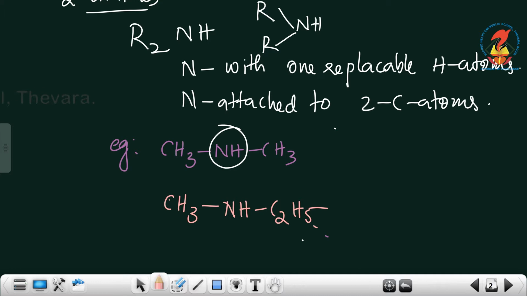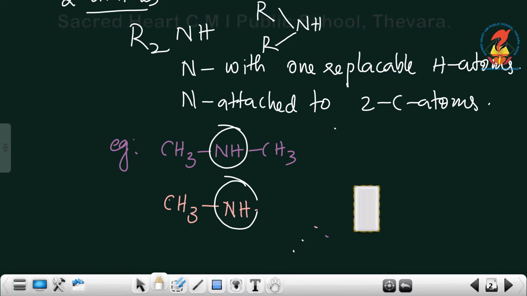Here also, from NH itself it is clear that the nitrogen has only one replaceable hydrogen atom, so it is a secondary amine. Or the nitrogen atom is attached to two other carbon atoms. Don't say that here there are two carbon atoms and here one carbon atom, three atoms.